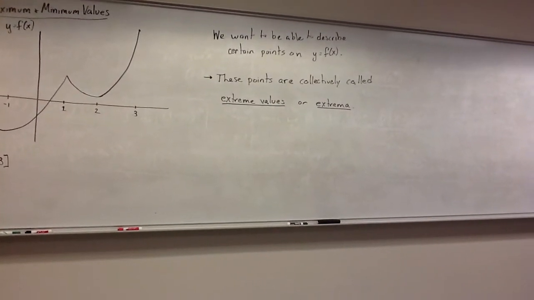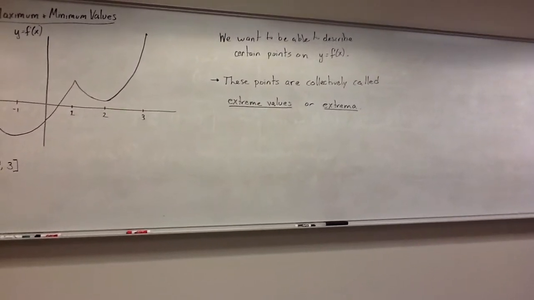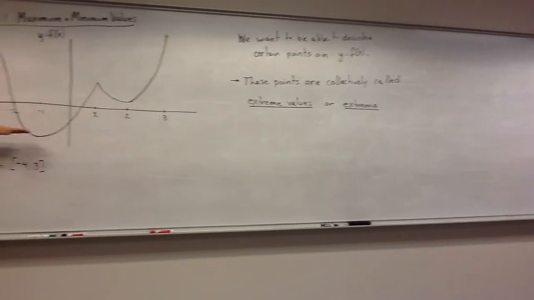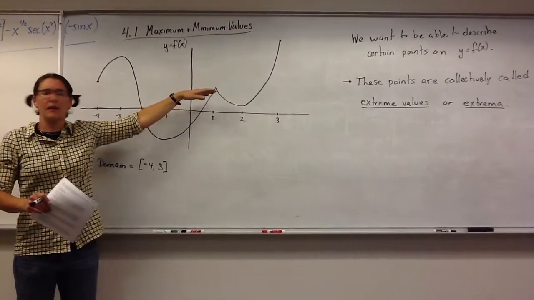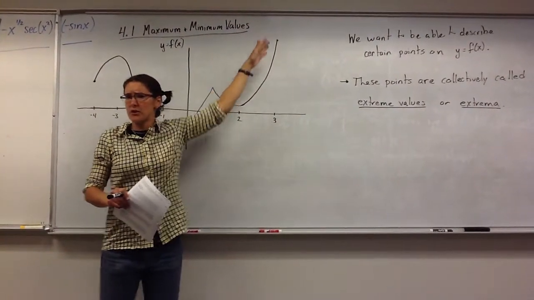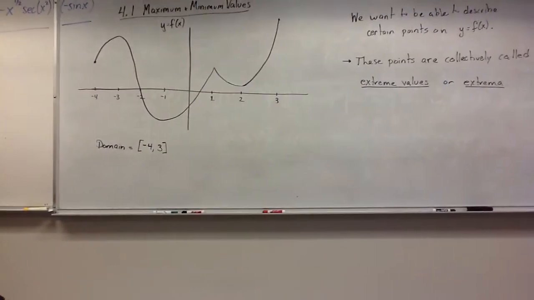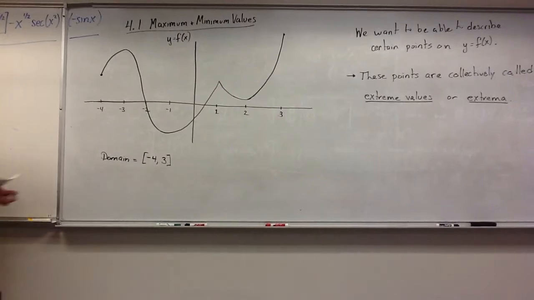So we're going to be interested in places where we have tops of hills and bottoms of valleys and peaks, high points and low points on the function. Those points are collectively called extreme values.